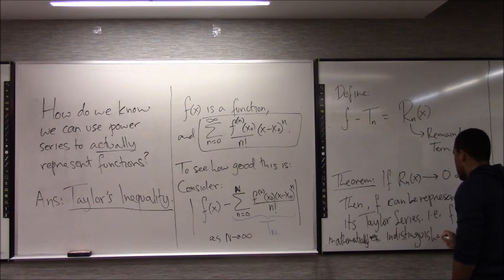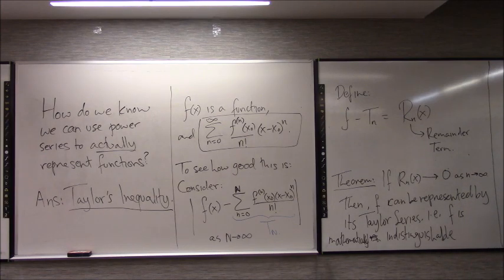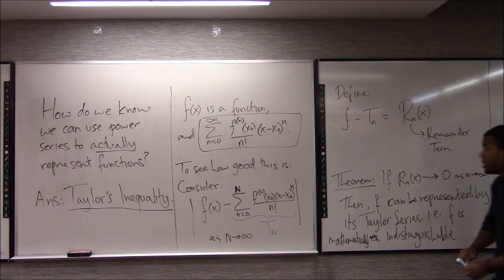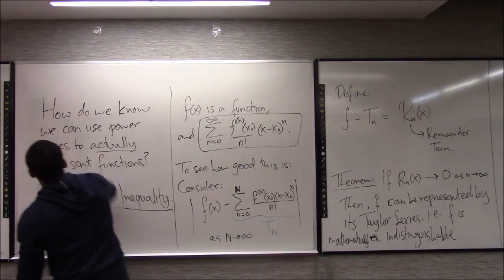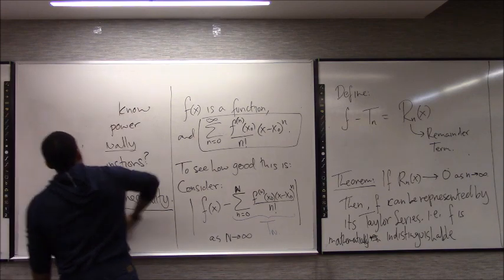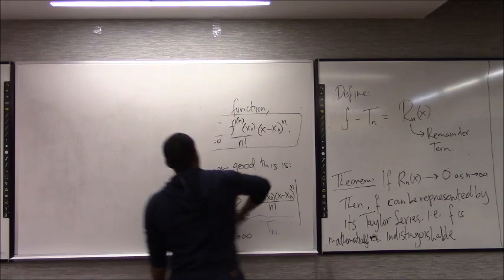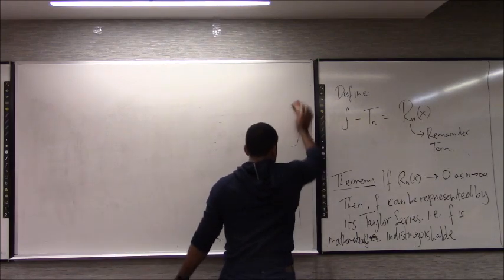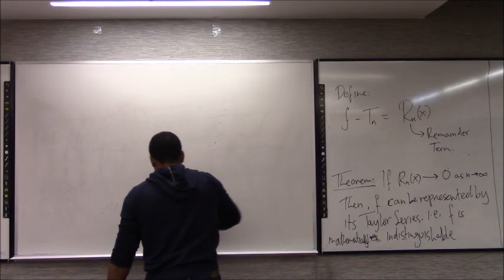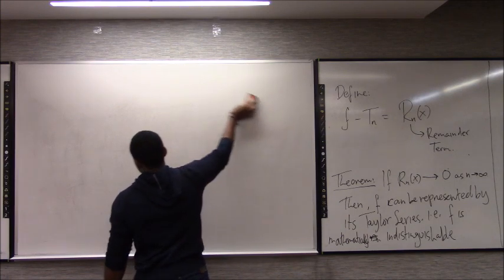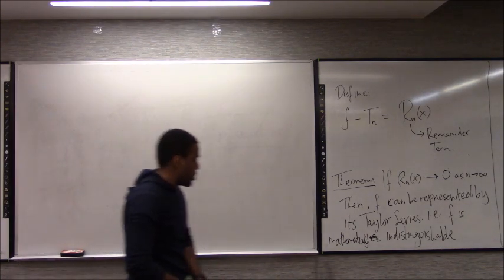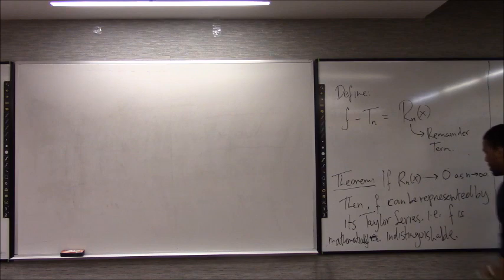Meaning, yeah, like me writing down a function and me writing down the Taylor series of a function, there is no difference mathematically, as long as this is fulfilled. So if the outputs of my function are pretty much the same as the outputs of the Taylor series, then why is there a difference between the function and the Taylor series? There should be none. So you can actually prove that.